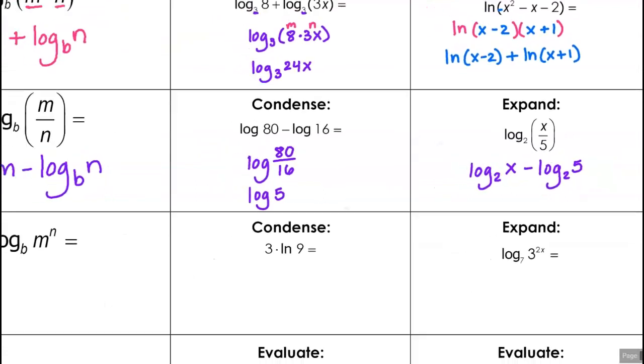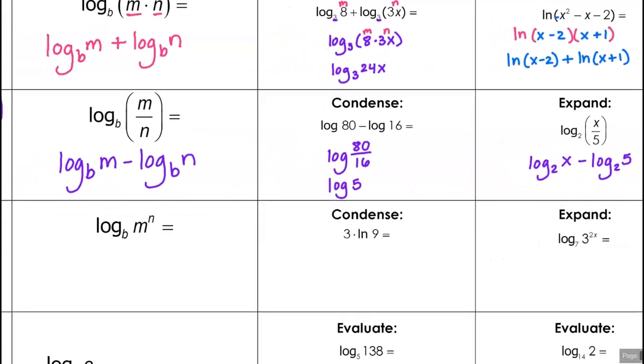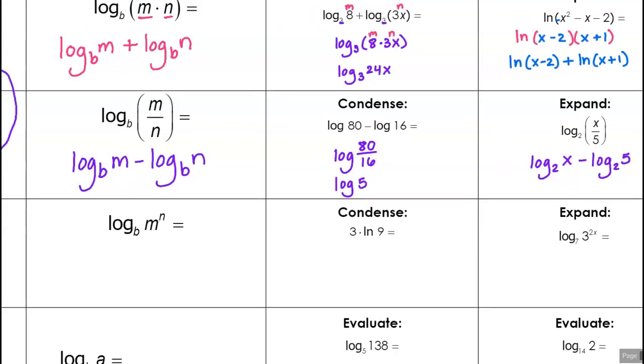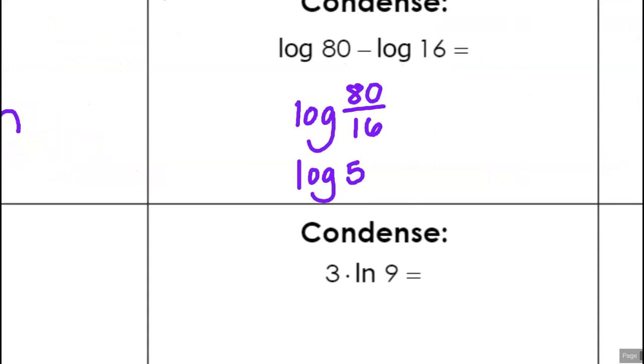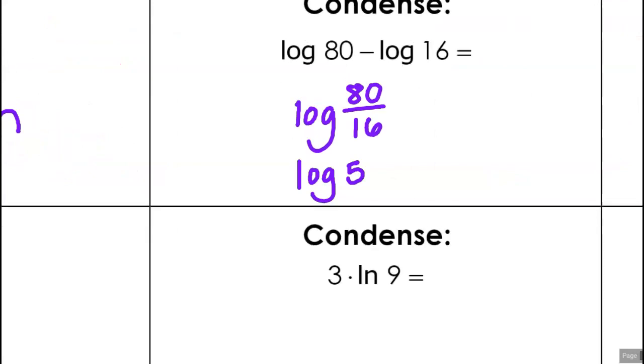Any questions on the quotient rule? Where did you get the 5 in the condensed box? Ah, you just divide 80 by 16. I just went ahead and divided.